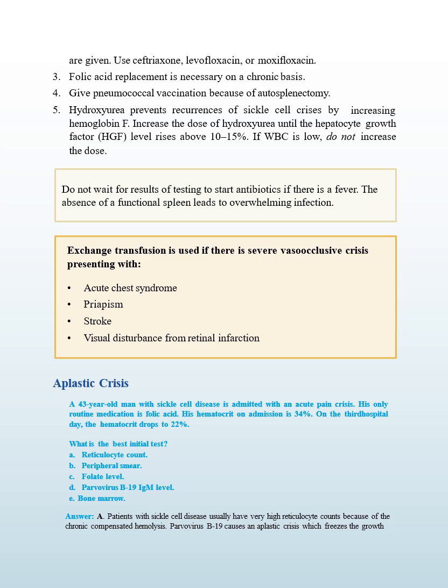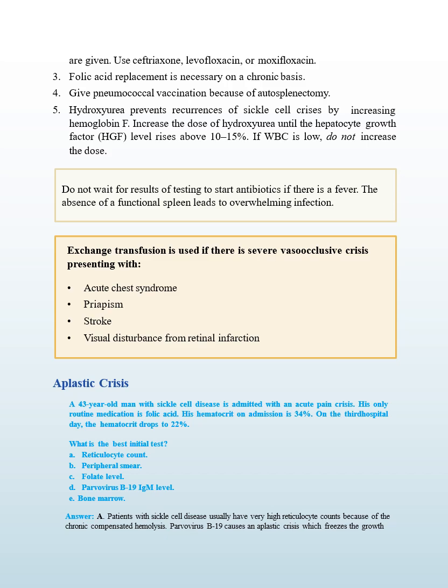We have here a clinical vignette of a 43 year old man with sickle cell disease, who is admitted with acute painful chest crisis. His only routine medication is folic acid. His hematocrit is 34.